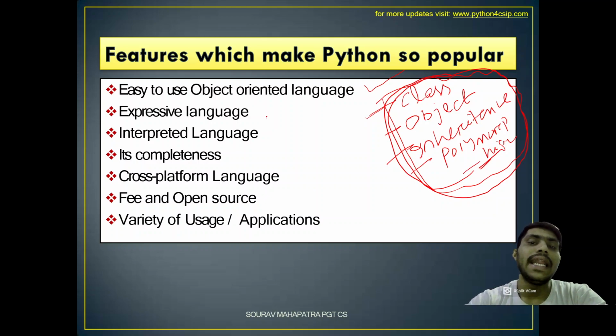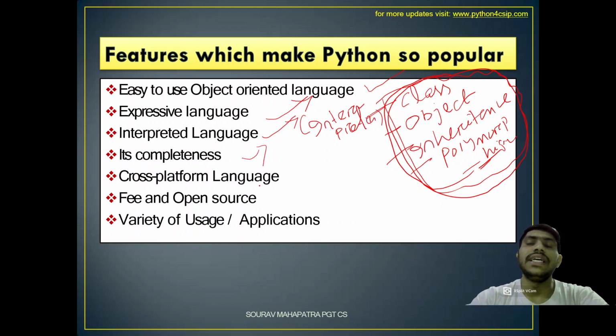Okay, it is an expressive language. That means compared to other languages, Python is suitable and expressive, it expresses the code beautifully. Interpreted language. Okay, why is it interpreted? Because it is using an interpreter.